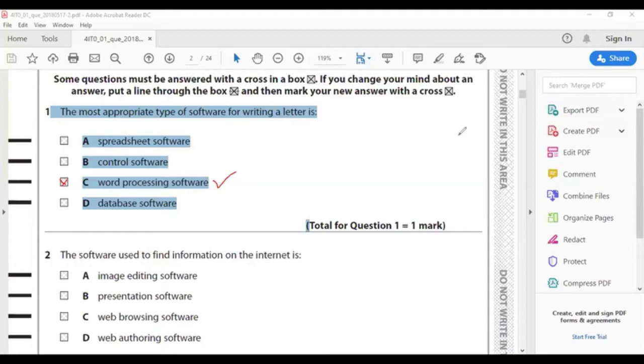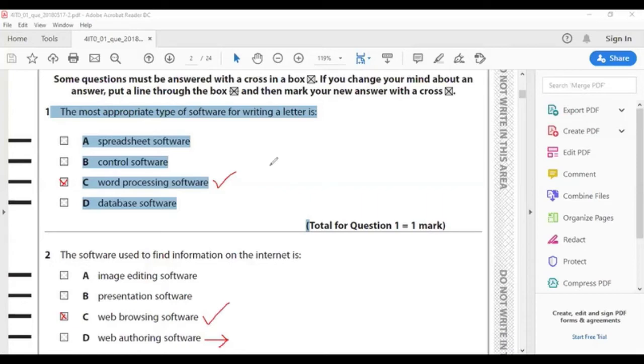D, I think it's gonna be D. Did you say C or D? 50-50 chance out of C and D. Sir, I think it's C. Okay, so basically the correct answer is C, right? This is the correct answer.